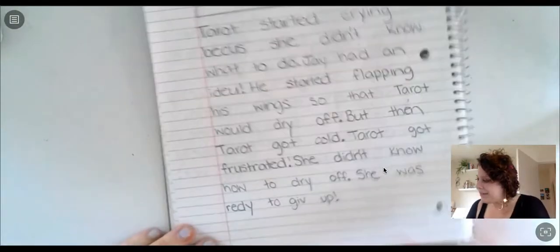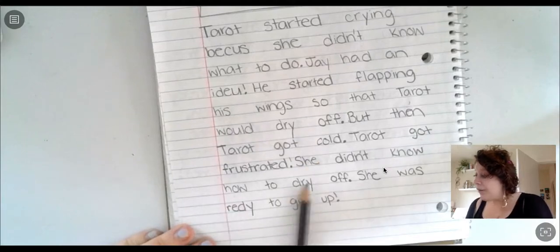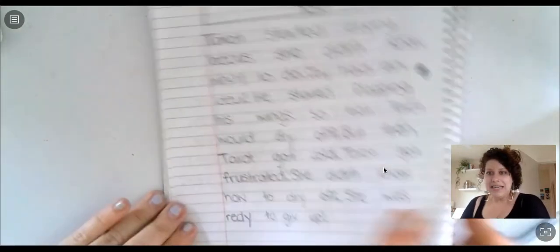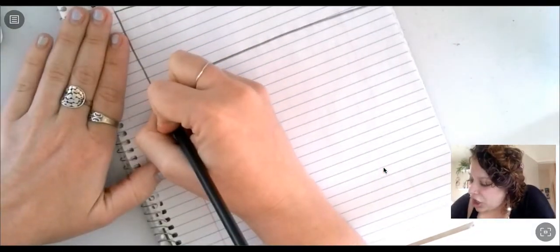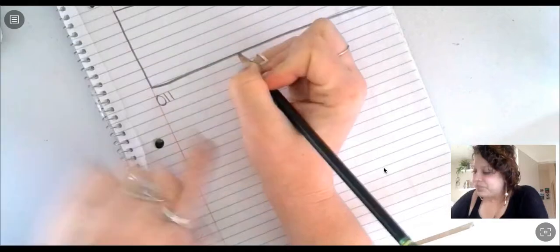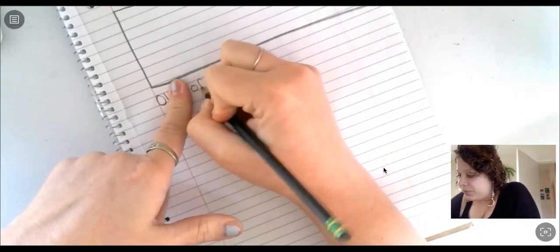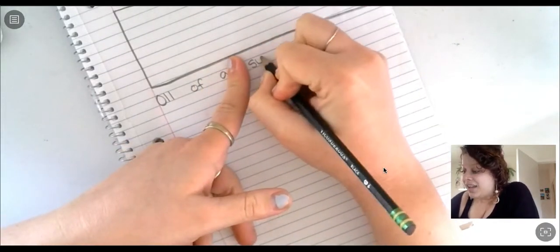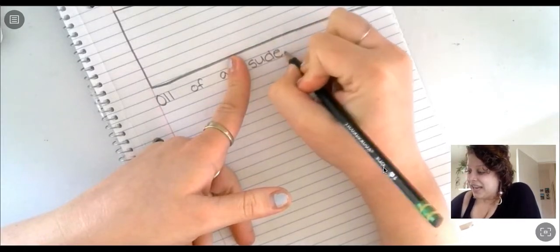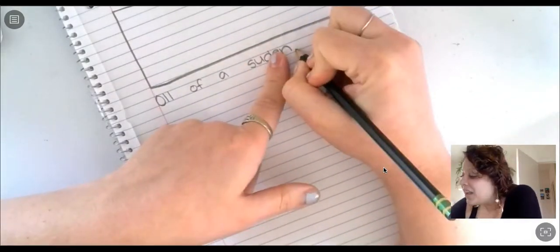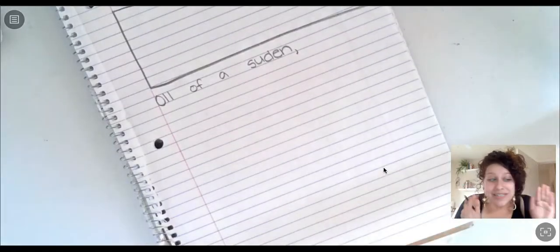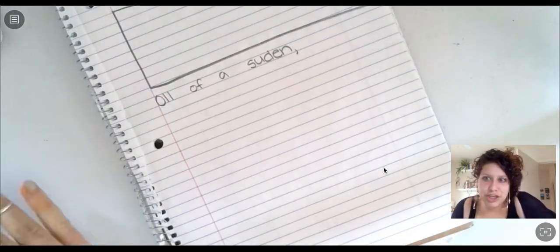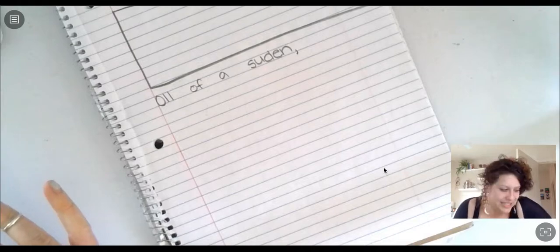So I ended my story. She didn't know how to dry off. She was ready to give up. But then, all of a sudden, all of, sight word, O-F, all of, sight word, A, sudden, and all of a sudden, Taro sees a shadow sneaking behind her.